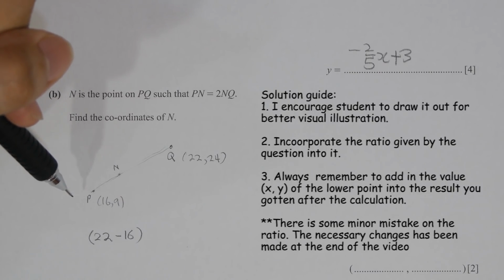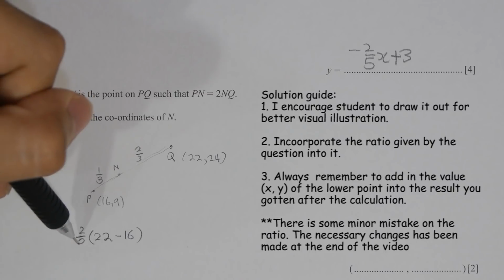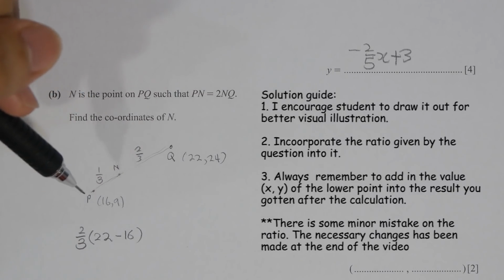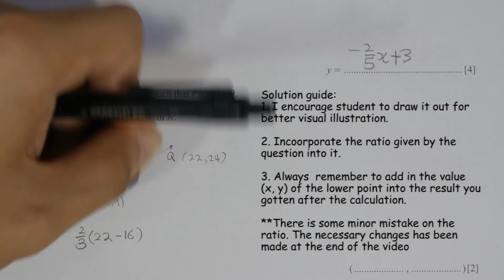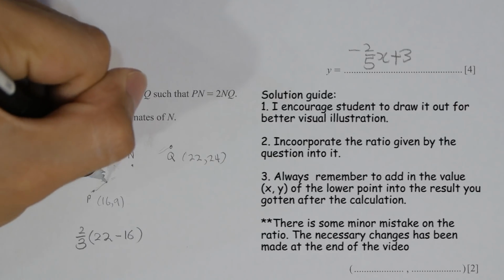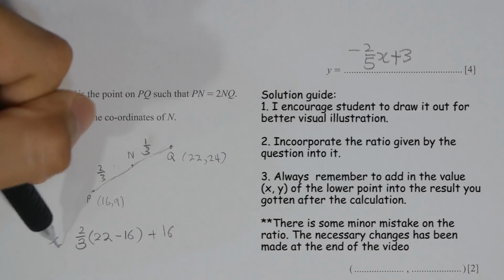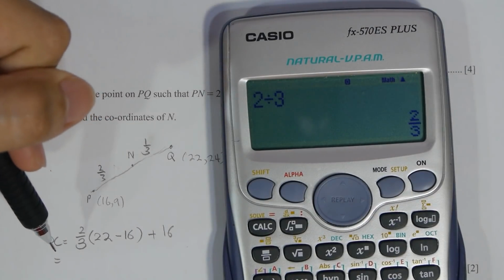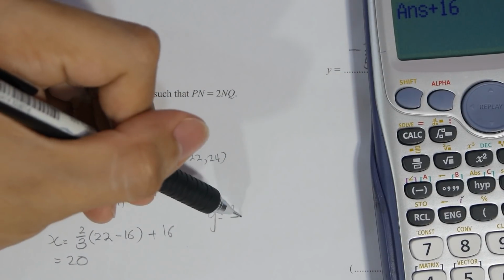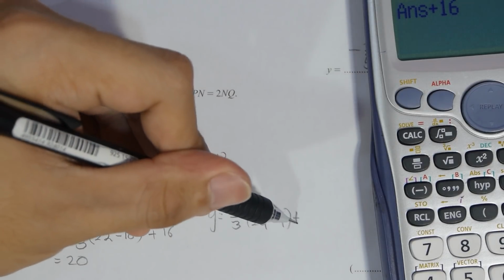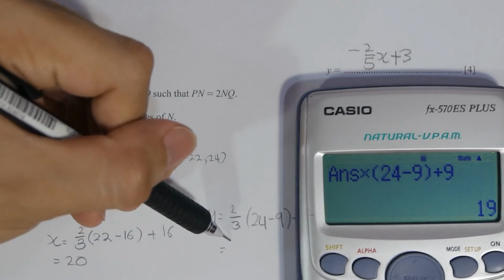So the ratio of PN will be 2 over 3 and NQ is 1 over 3. For you to find coordinate N, the x part is 2 over 3 of the difference, 22 minus 16, plus 16 because it is at the right hand side of the coordinate. So the x result will be 20. Repeat the same thing for y: 2 over 3 times 24 minus 9, then plus 9. So the result will be 19. So the final answer will be (20, 19).